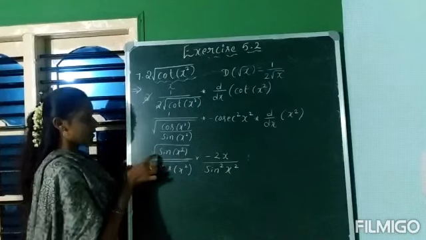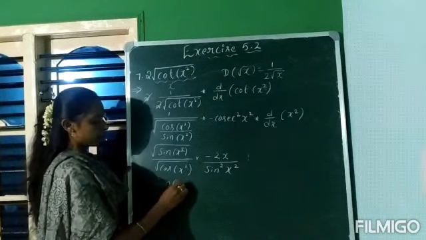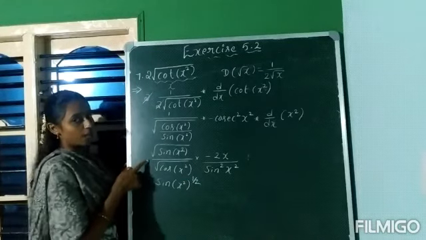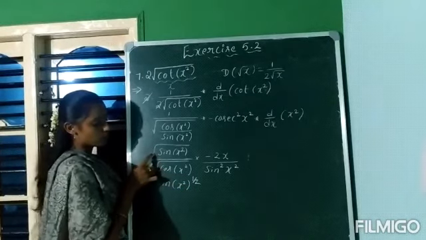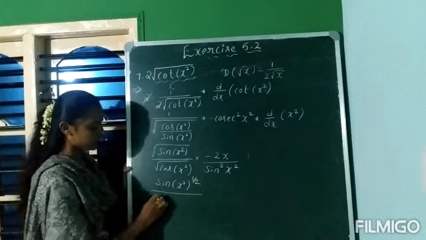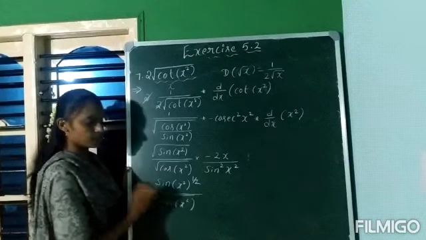So now I'll remove the square root. If I remove the square root, the value for that function is 1 by 2, right? I just remove this one, so instead of that I'll write 1 by 2 divided by the square root of cos of x square.